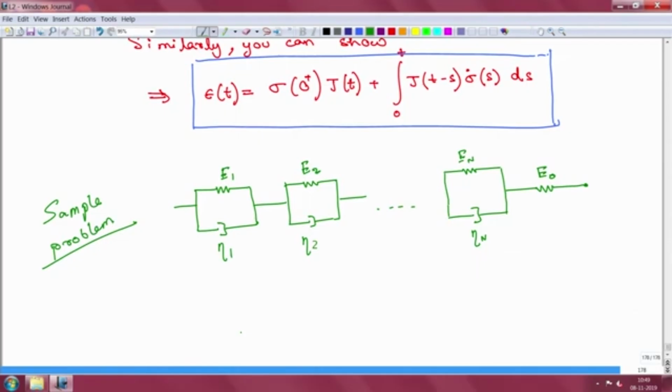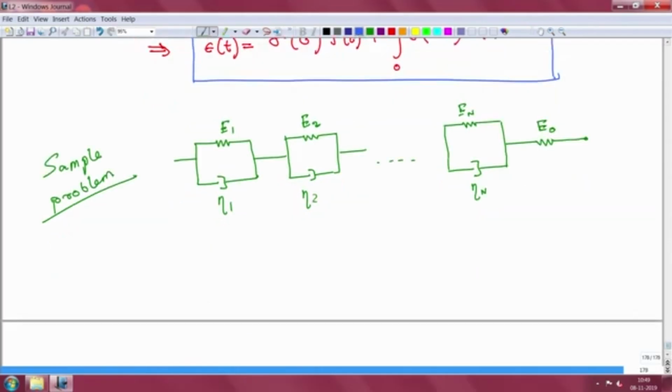Okay. So, each of these different bodies, when you apply a certain amount of force, let us just say that each of them is experiencing force F 1, another one is experiencing F 2 and all the way till F n.